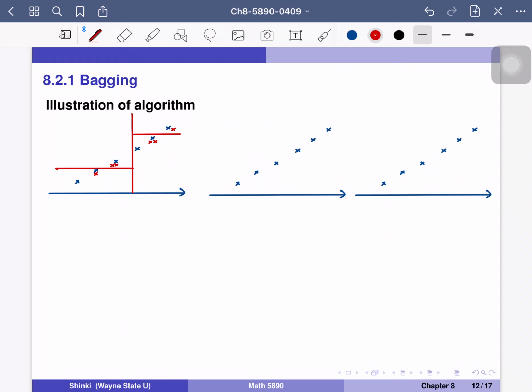So this is one bag. This is this function, this red curve. Maybe this should be just a dashed line, which is the boundary, and we have two curves. So this is f hat 1 of x, where x is the predictor and y is here.